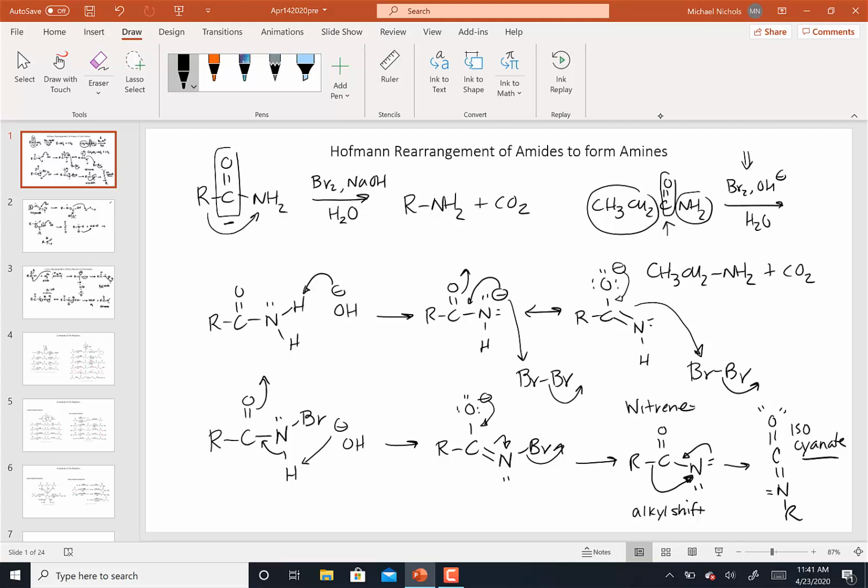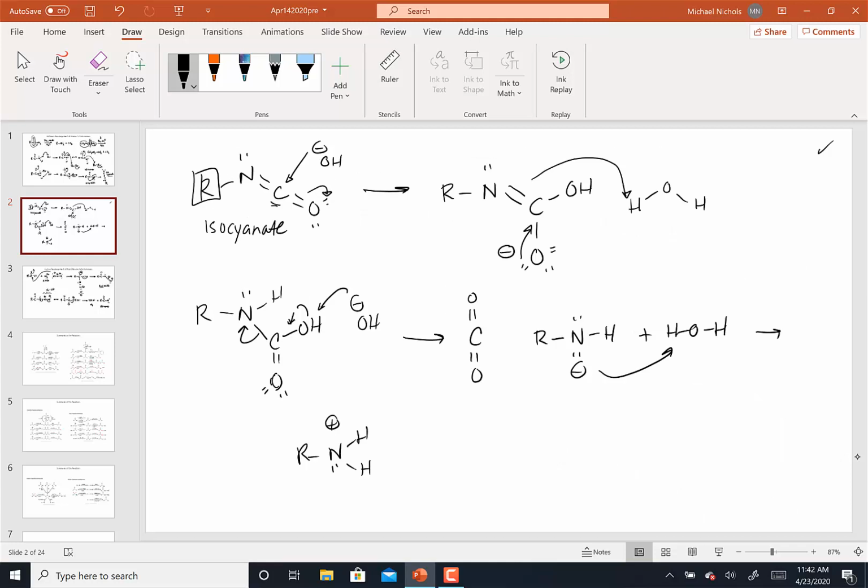That was this species with the nitrogen having the 2 lone pairs, that then underwent an alkyl shift to form the isocyanate, which then reacted with the base, or reacted with water, and then it ended up losing CO2 in this mechanism.